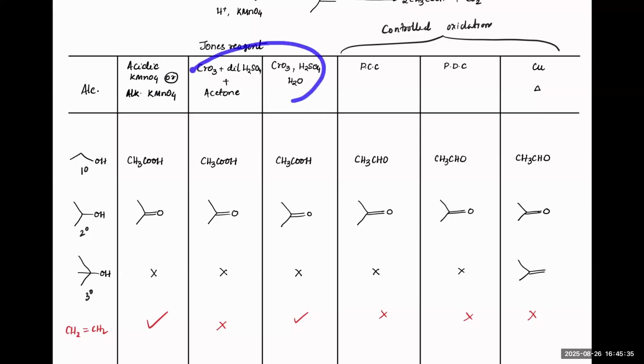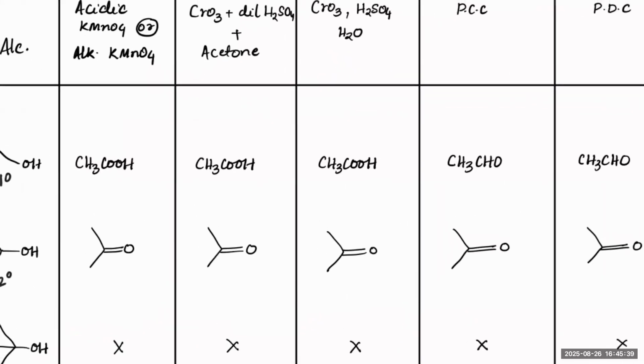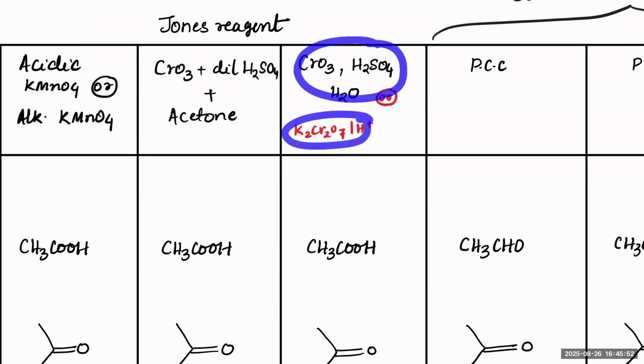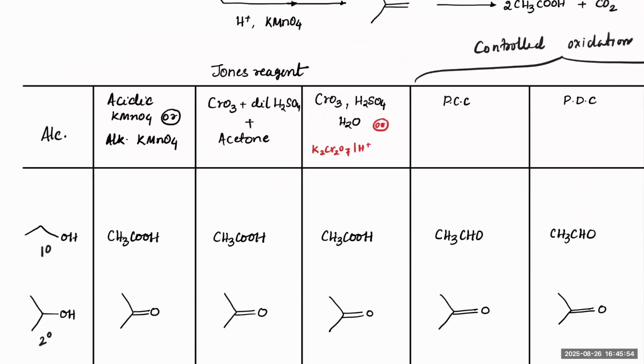That I have not written, but it is one and the same. Like here, this one is same as, or I'll write it as, K2Cr2O7 in acidic medium. Because the logic of this acidic medium is the same, they both will get oxidized similarly.